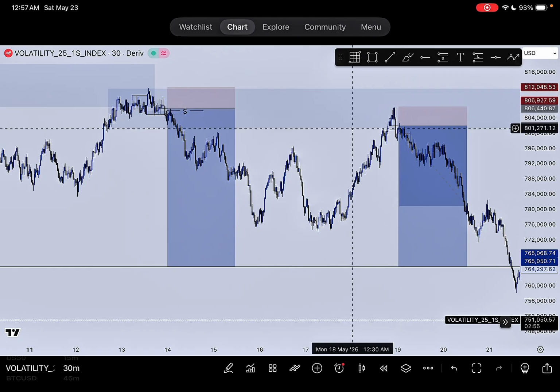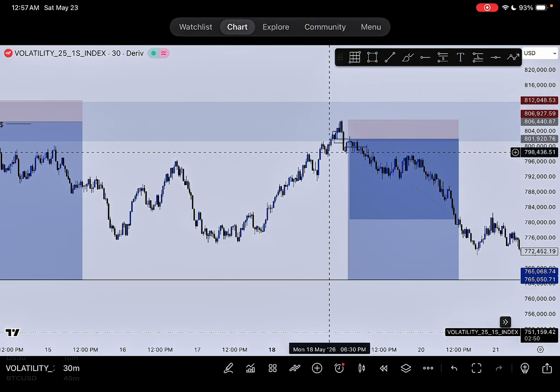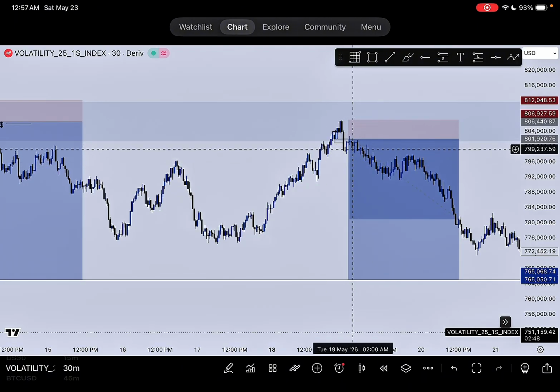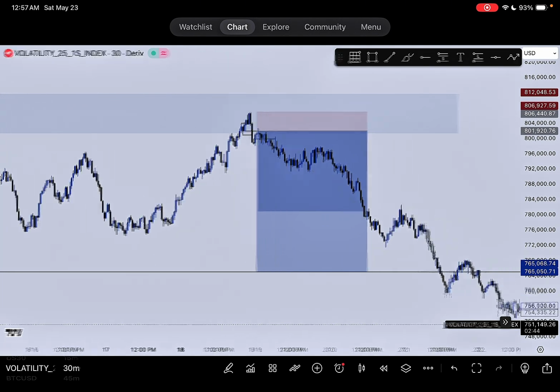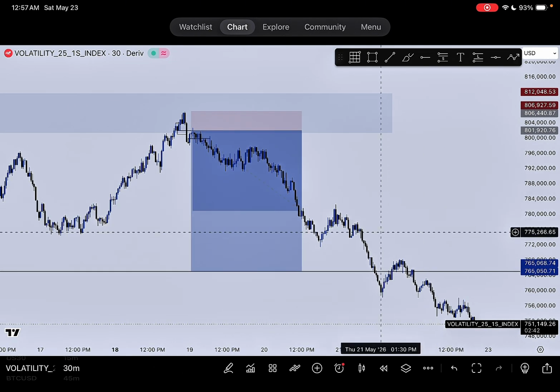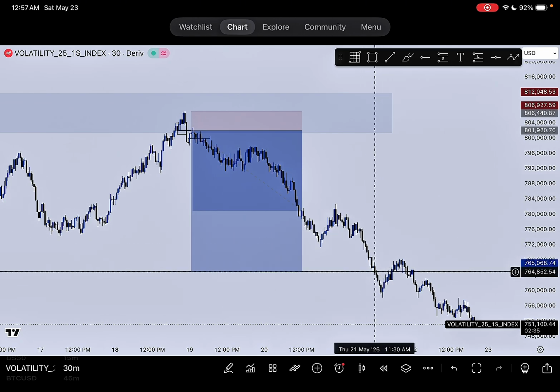The MSS formed on Monday. I had to wait till Tuesday for this trade. After that, I had to wait many more days before the trade hit TP. That was on Thursday, almost a week.